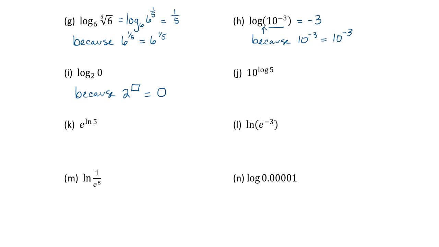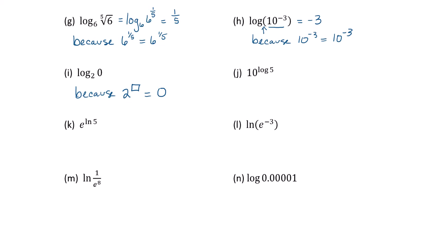If I would put a number here that is bigger than 1, it's going to make 2 larger. So I know it's not going to be a number larger than 1. If I put a 1 there, it would make the number 2. That's not what we want. If I put a number between 0 and 1 in that exponent position, that's going to make the number small, but it's still going to be positive. And if I put a negative number there, then it's going to make it simply a reciprocal.